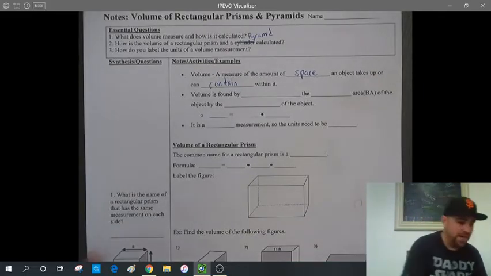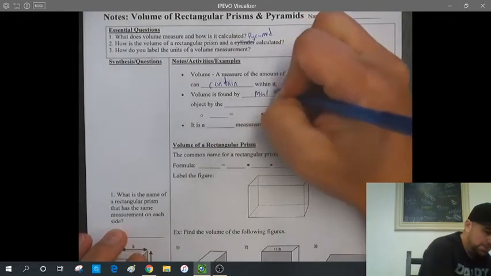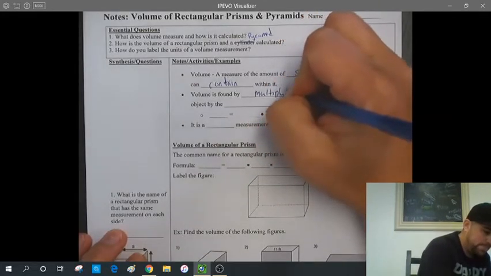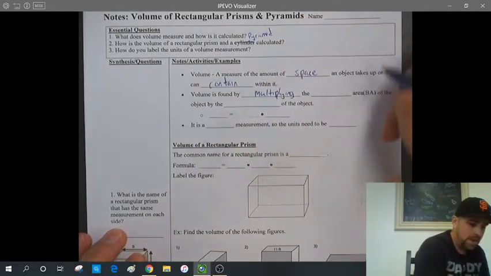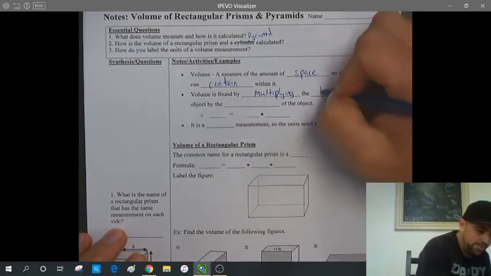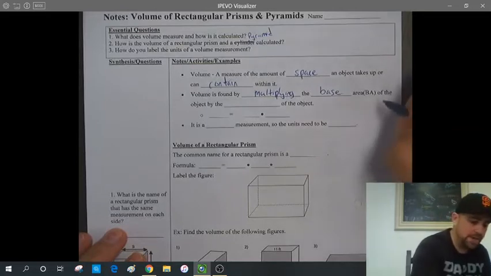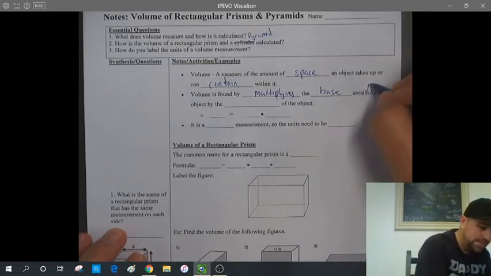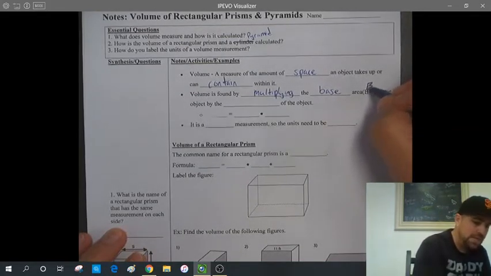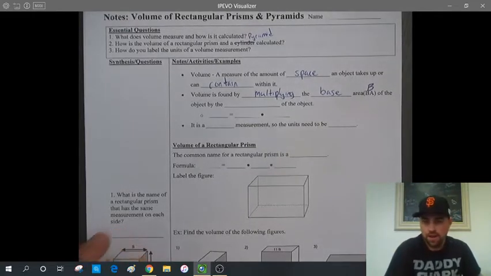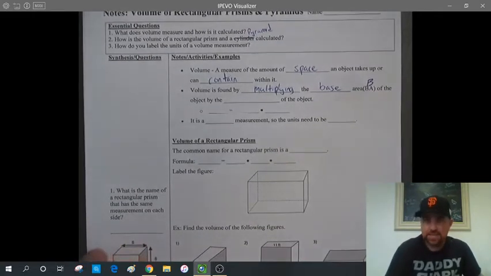So volume is found by multiplying the base area, which could be abbreviated BA, capital BA, or sometimes it's just noted as capital B when you're seeing it in text.